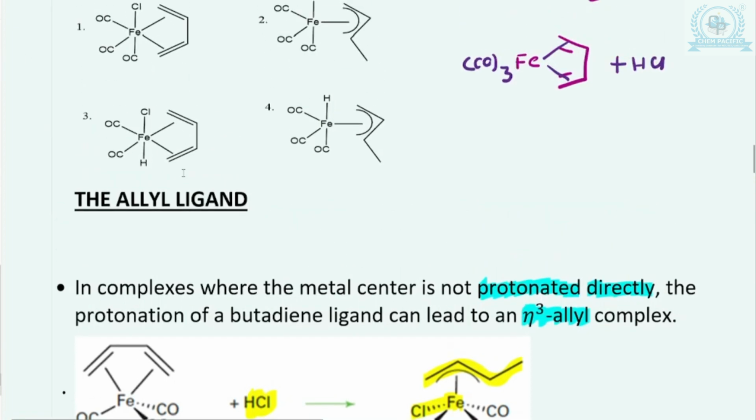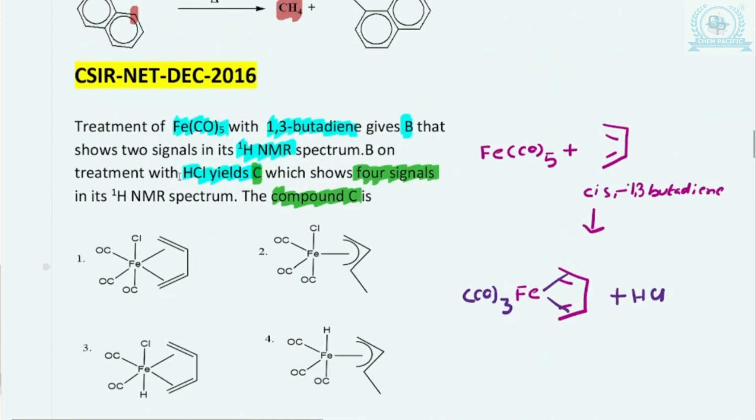Okay, now therefore the answer is this. They have also mentioned, this is the C, it is resulting in 4 signals. Obviously, you're getting one signal due to this proton. This is in a different environment, 2, 3, 4.